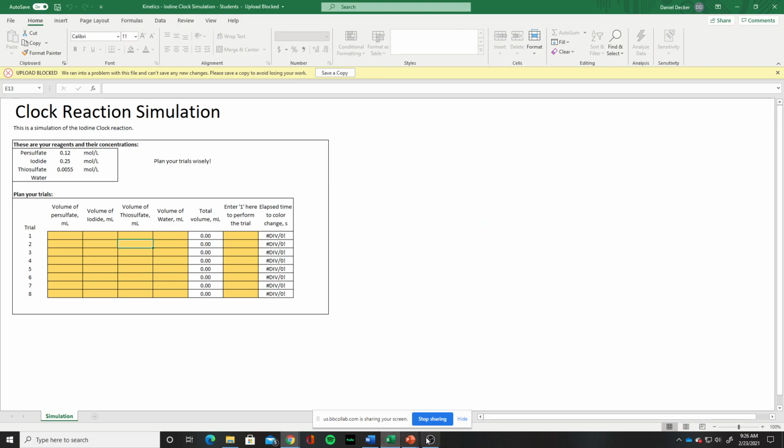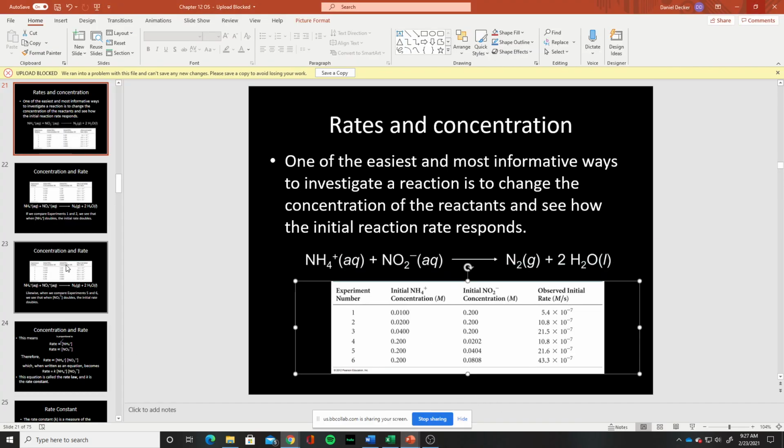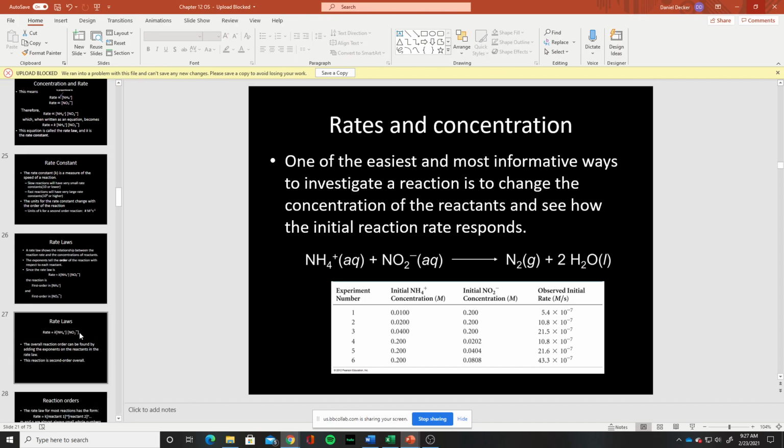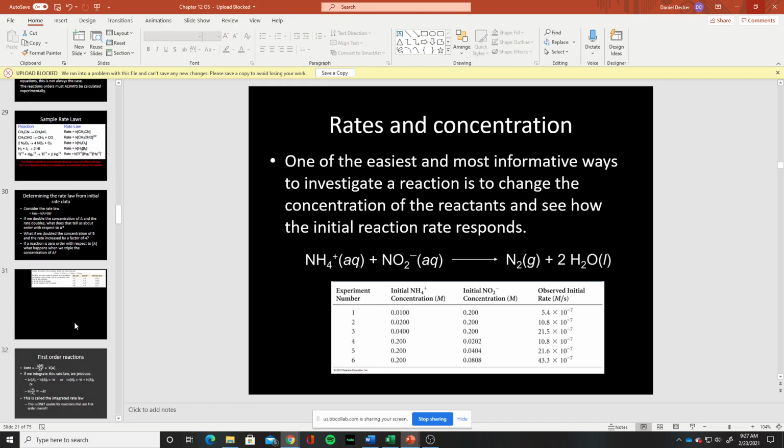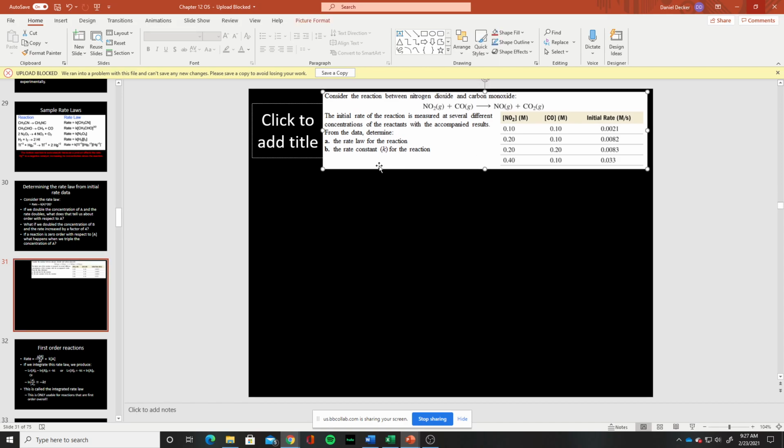So essentially you're going to do the same thing that we did. Let's see, did we do that in this one? In one of these examples, yeah, it was this one. So in this example here, we solved for k. So we took data just like you're going to have for this lab, and we found the order with respect to each of these reactants, and then we solved for k.